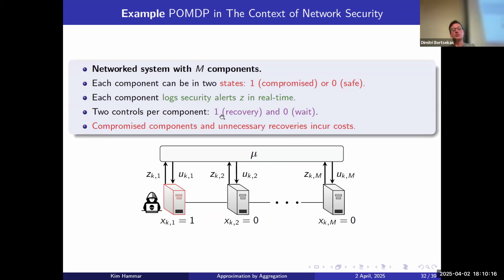If you do recovery for all the nodes in a zone, then the cost will be proportional to the number of components in the zone. And similarly for the compromise cost, but you can have, like I said, a weighting factor there. Typically you weigh the cost of an attack more than the cost of doing recovery. But this really depends on something you can tune.